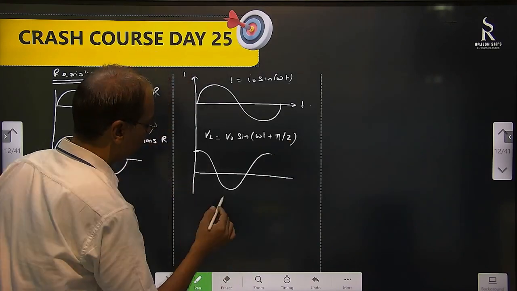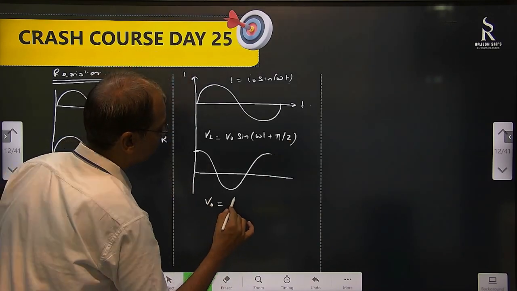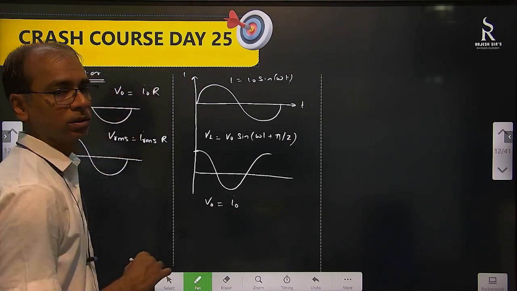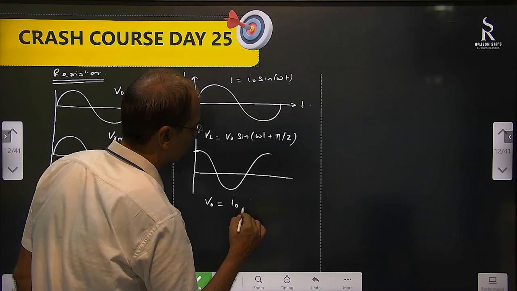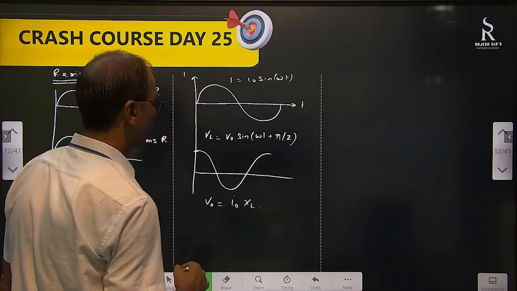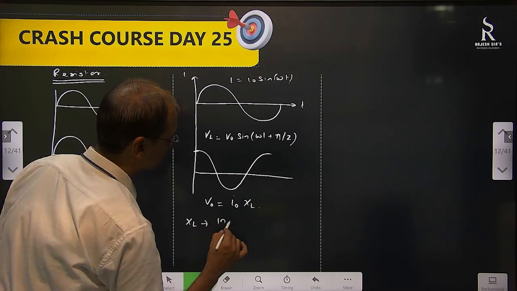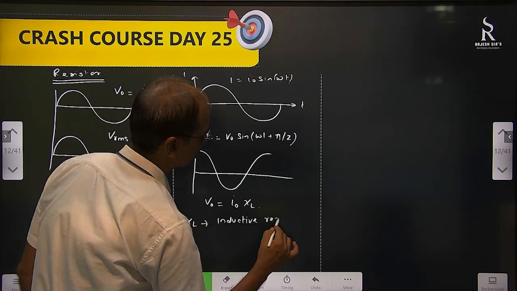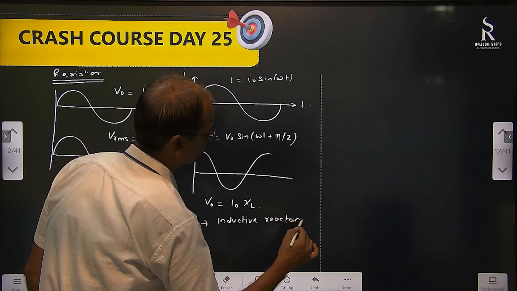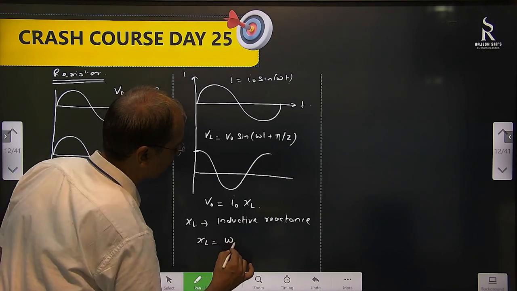We have to find what V naught is in this case. V naught is I naught into its resistance. Its resistance is XL. This XL we call inductive reactance, and its value is XL equal to omega L.